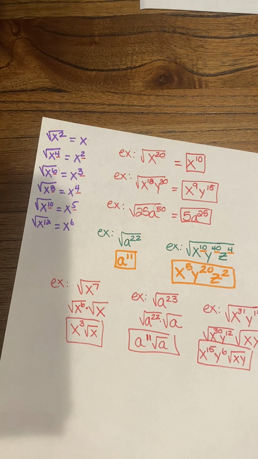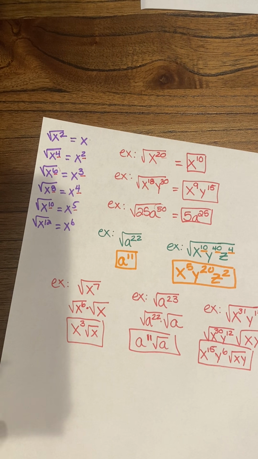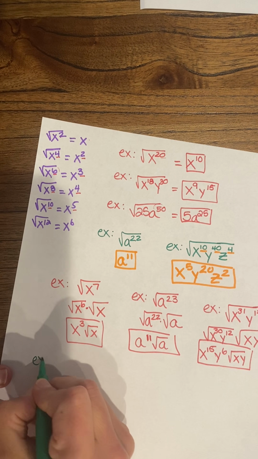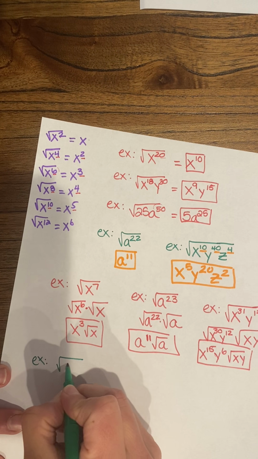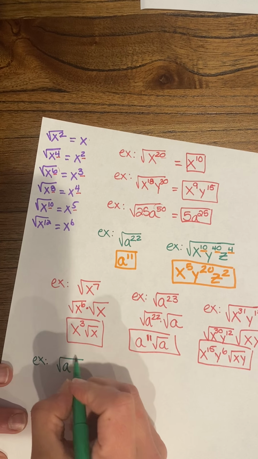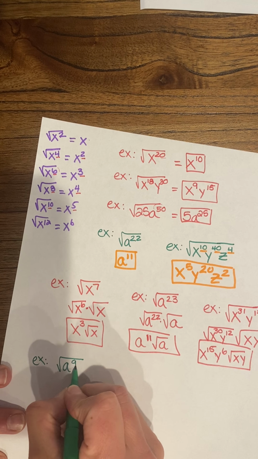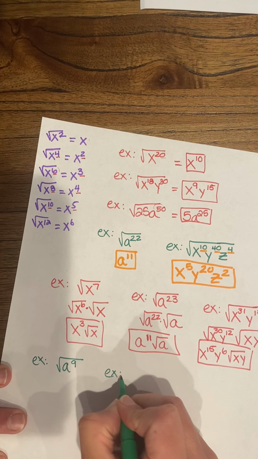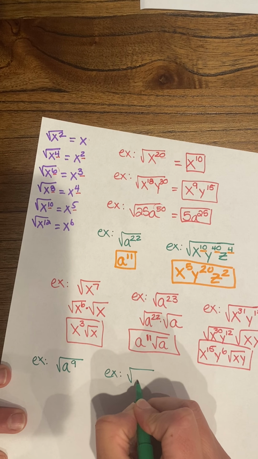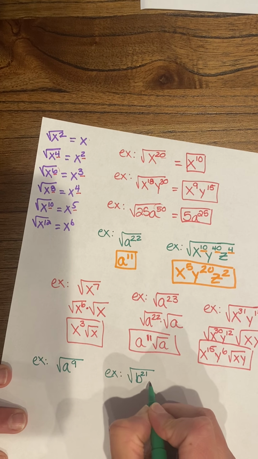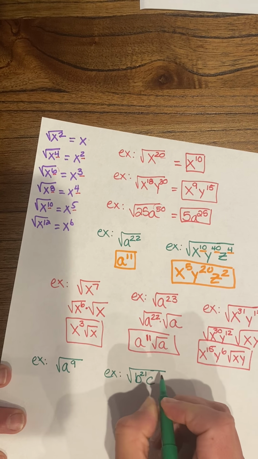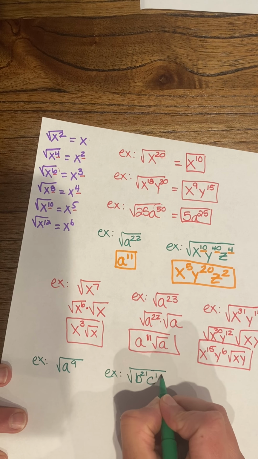Okay, so what I would like you to try is, do me a favor and try these. Let's do a to the 9. Let's do b to the 21 times c to the 19th.